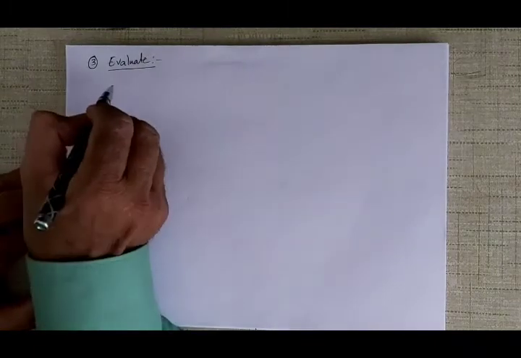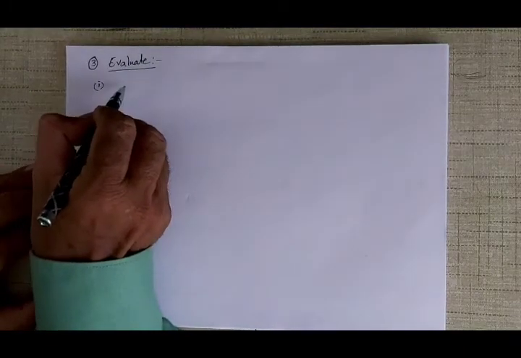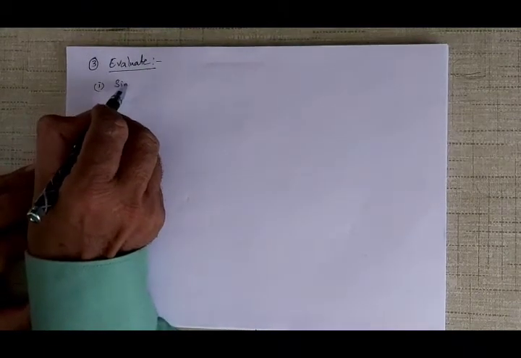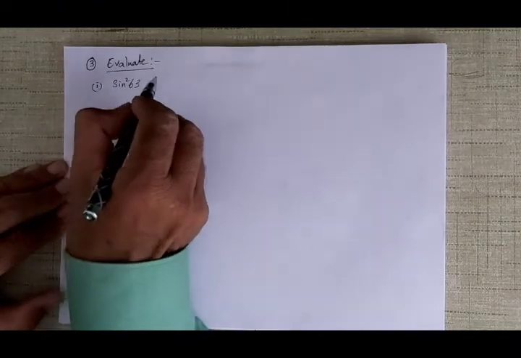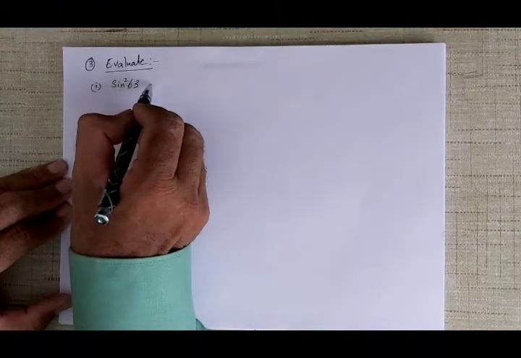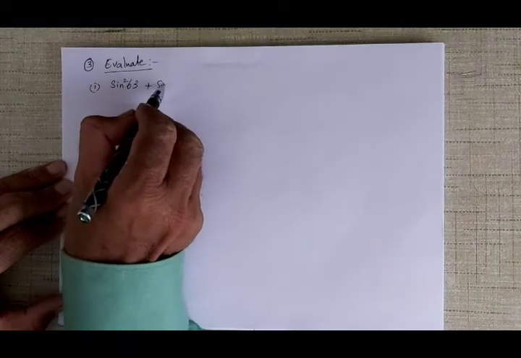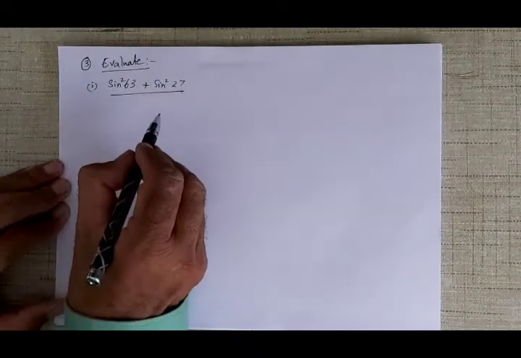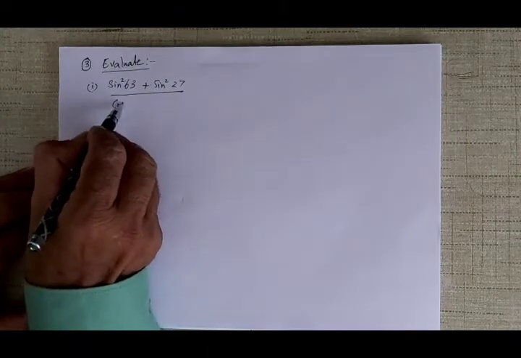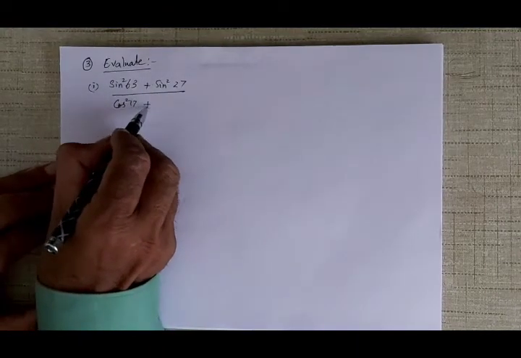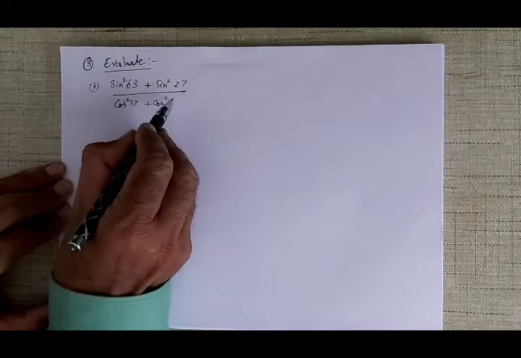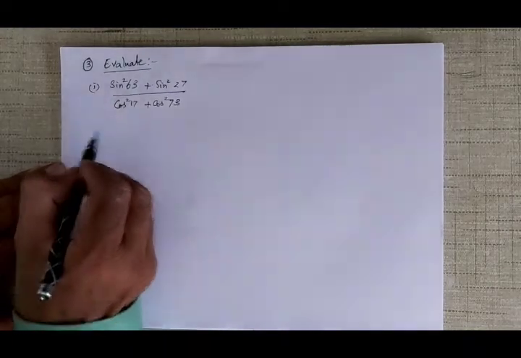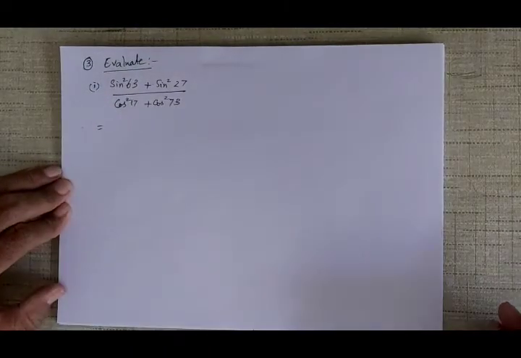Number 1: sine square 63 plus sine square 27 upon cos square 17 plus cos square 73. Now obviously, it is based on complementaries.